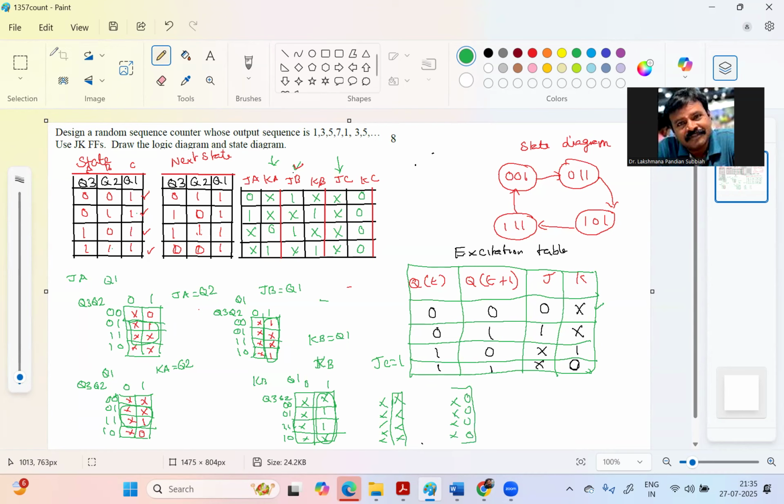Then we are having connect that one with 0. So JC, KC equal to 0. All are zeros. So we can put it now in the 0. Right? JC, KC, 0. Now you draw the diagram.